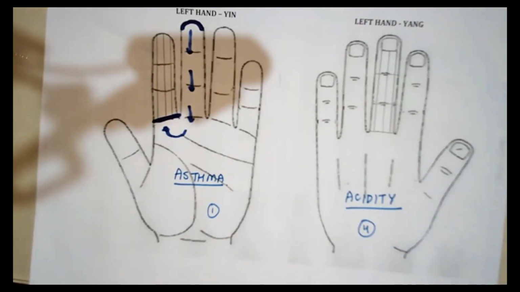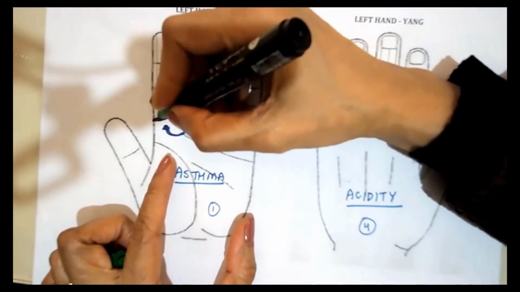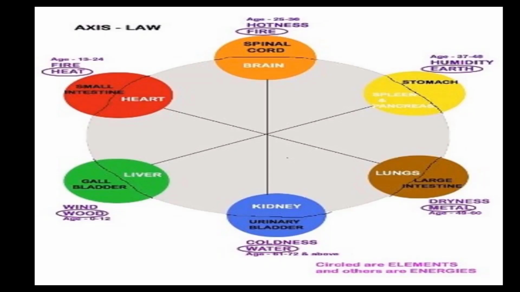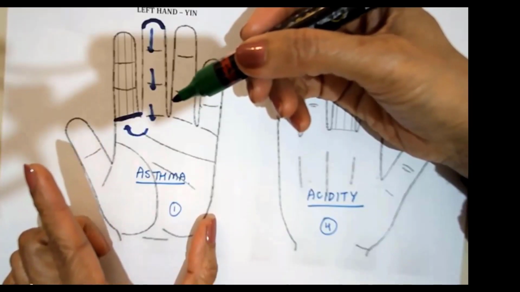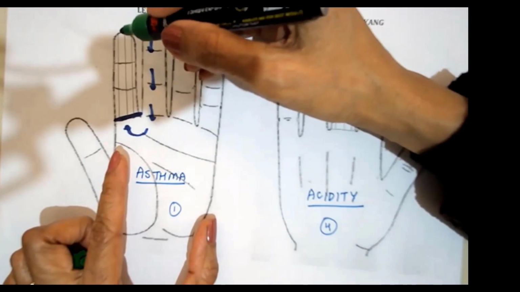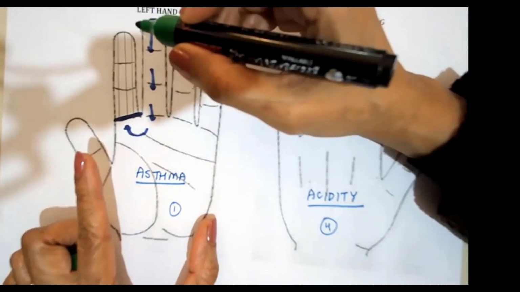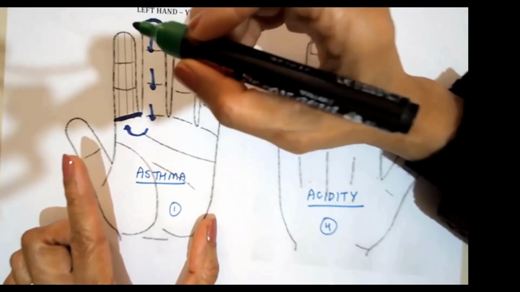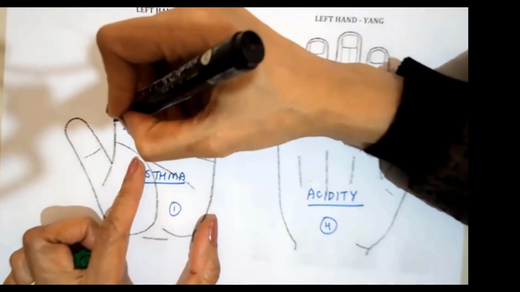Now, to tonify the lung meridian, we have to draw the meridian line brown in color, the axis flow color of the lung meridian, and start from the energy gate and go up to where it ends. And this should be done in one flow and with the consciousness that you are tonifying the lung meridian and increasing the energy flow in the lungs.